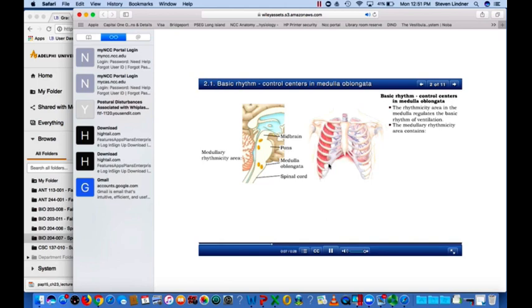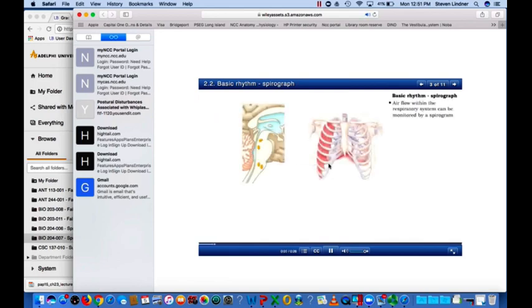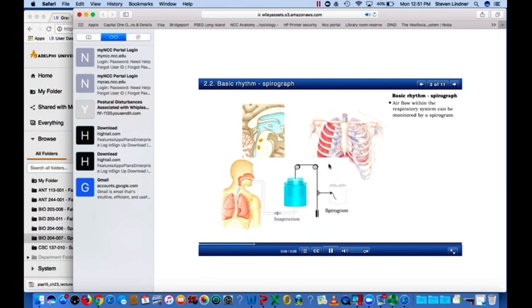The medullary rhythmicity area contains two smaller regions, the inspiratory area and the expiratory area. During normal, quiet ventilation, only the inspiratory area is active, but during forced ventilation, both areas are active. Airflow within the respiratory system can be monitored by a spirogram.